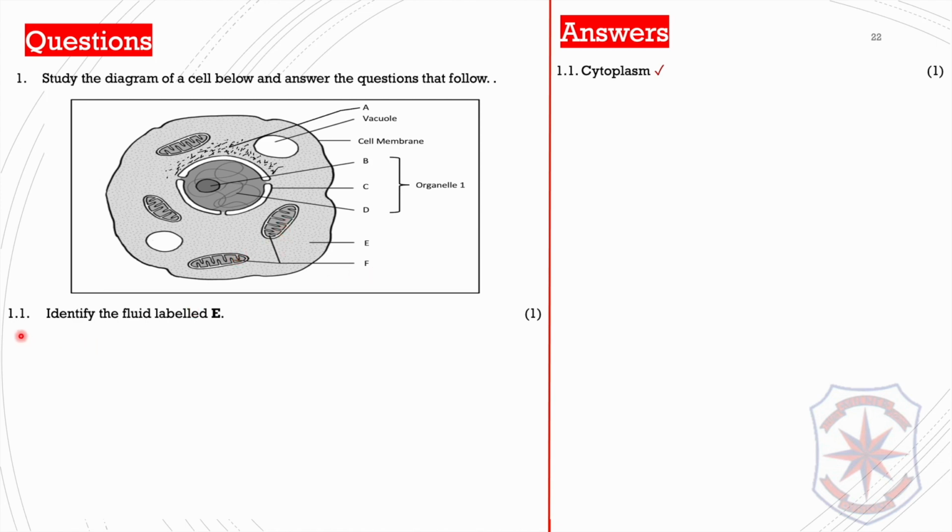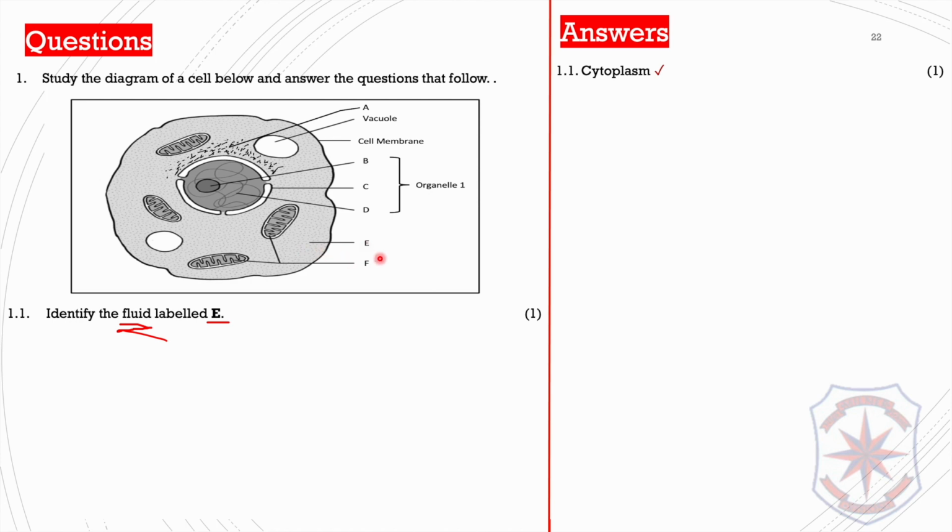Okay. Now, question 1.1 says, identify the fluid. Now, when you are reading these questions, be sure to underline the clues. All right? So the clue is fluid labeled E. So it means that E here is a fluid.